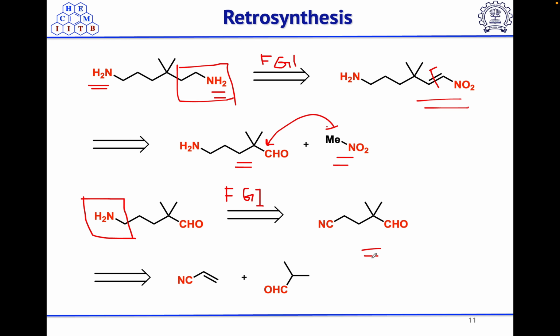And this we can get via a C-C disconnection approach, where this side part we think of as an acceptor synthon and this side part as a donor synthon. The donor synthon is pretty easy, isobutyraldehyde, and the acceptor synthon will be acrylonitrile.